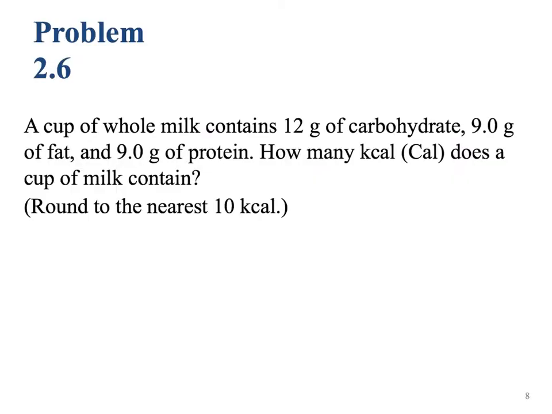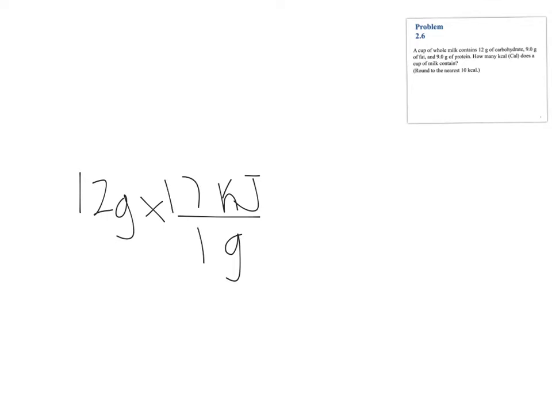So we have a cup of milk, and we want to know how many calories are in there. In order to do this, we use the tables that were provided before. You don't have to memorize that. So we have 12 grams of carbohydrates, and then we do a conversion. Grams goes here, kilojoules here. Per 1 gram of carbohydrates, we get 17 kilojoules of energy. Convert kilojoules to joules: 1 kilojoule equals 1,000 joules.